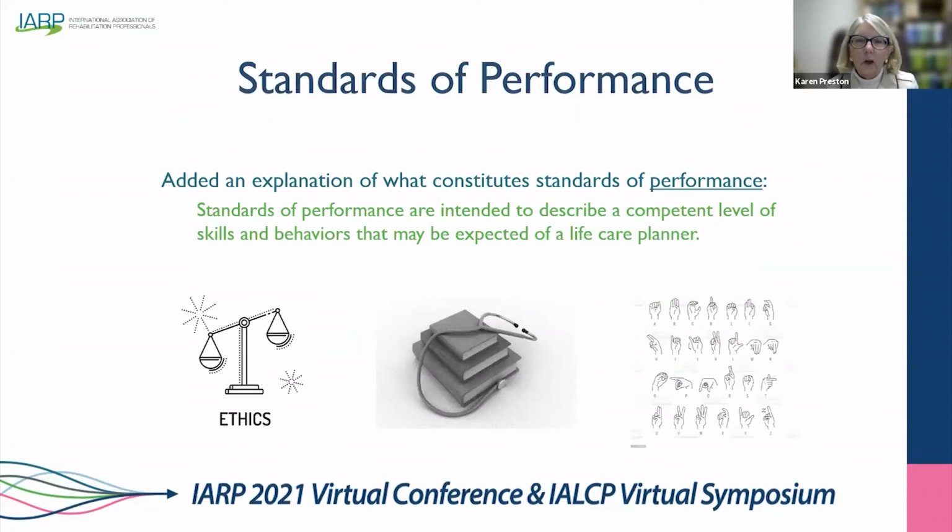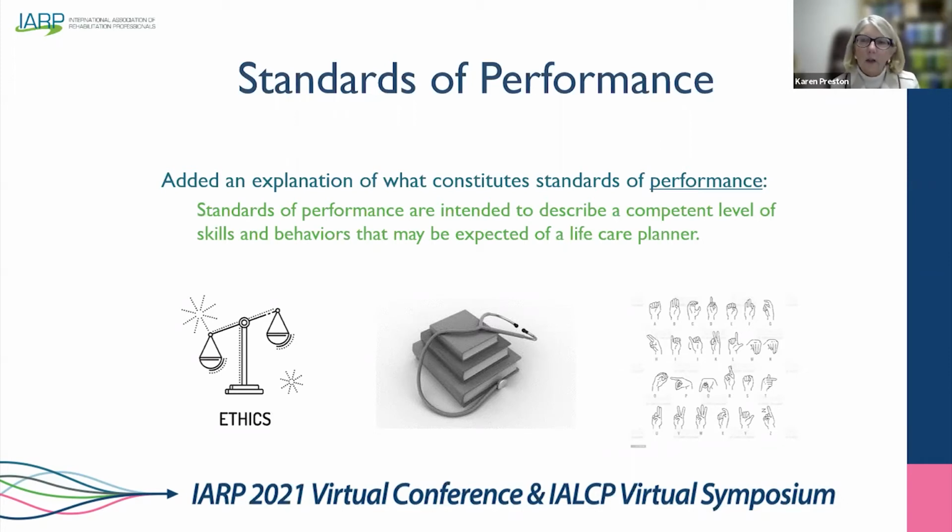So first of all, we're going to address the standards of performance. And we added an explanation that says that standards of performance are intended to describe a competent level of skills and behaviors that may be expected. So you can look at these as the kinds of characteristics that life care planners possess, or the skills that they have.